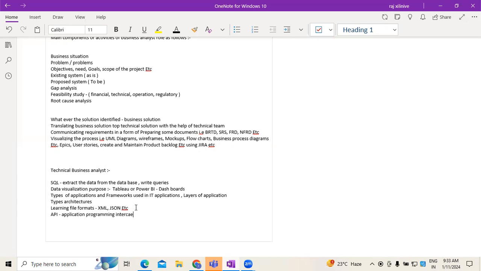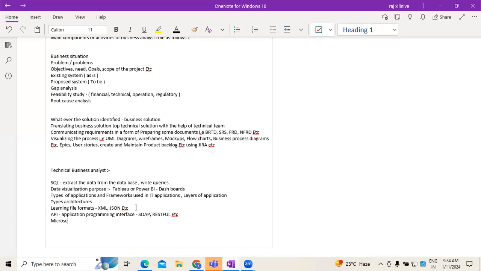If you want to communicate between two different applications, there is some API we have to create. It can be a SOAP API or a RESTful API. Some people go for SOAP, some go for RESTful. So application programming interface is also required.